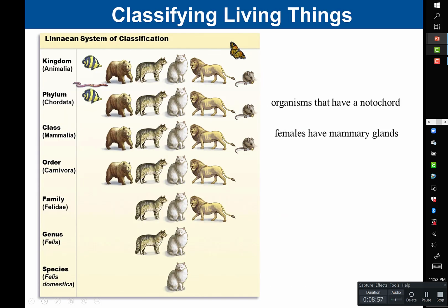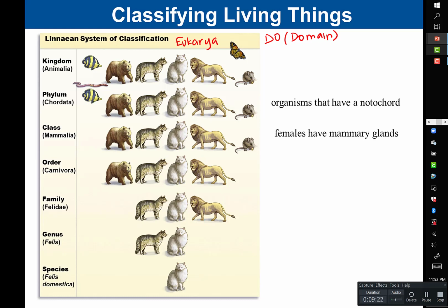So when we talk about our classification schemes, the easiest way to think about the way that we classify organisms is I remember a sentence to help me remember the order. And that is do, which is domain. And in this case, this would be Eukarya.